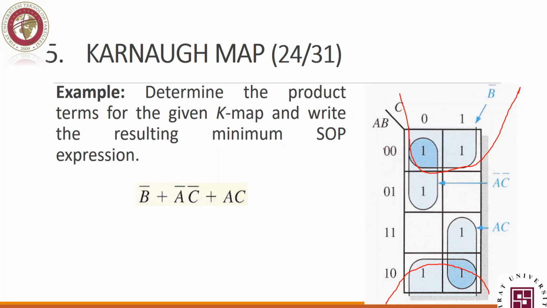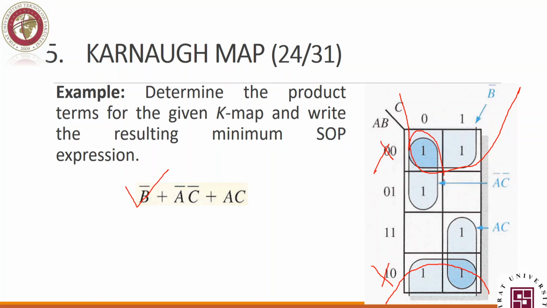If we wrap them, now look, A bar, A, they cancel each other. What's left? B bar. B bar is common, keep it. How about here? C, C bar, C, they cancel each other. So what's left is just B bar from this group of 4 ones.